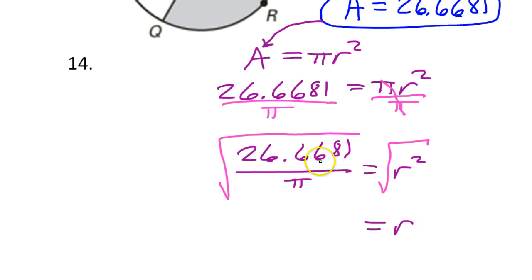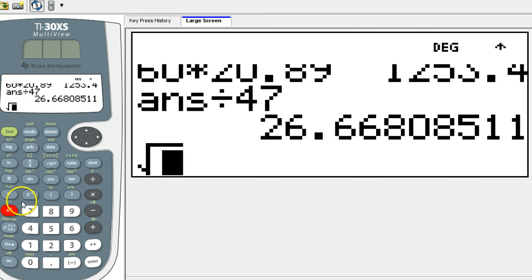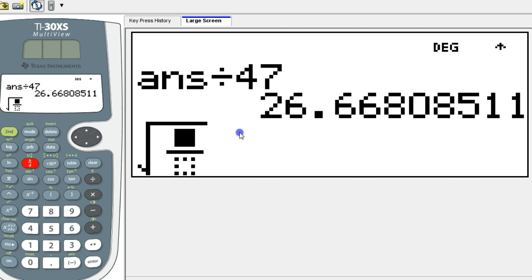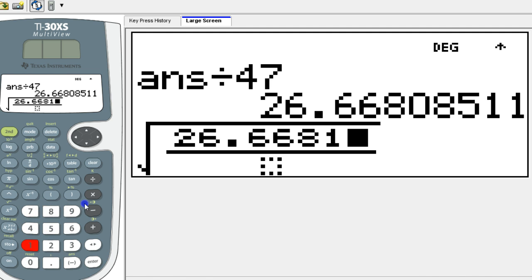So I'm going to put this in my calculator now: the square root of 26.6681 over pi.